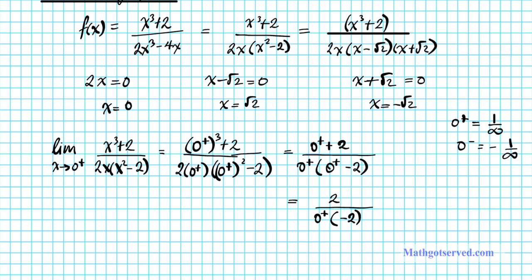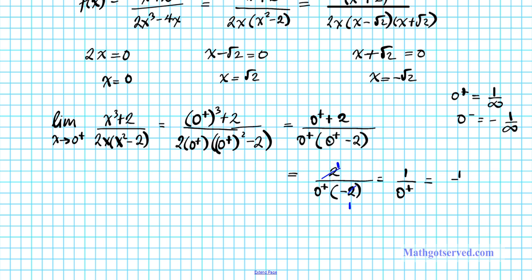What can we do here? We can reduce. 2 goes here 1, 2 goes here 1. So we're going to have 1 over a very small positive number. Remember, I stated earlier that 0, a very small positive number, is like 1 over infinity, right? So this becomes 1 over infinity. And then if you multiply the numerator by the reciprocal, wait a minute, there's a minus here, so let's not forget that.